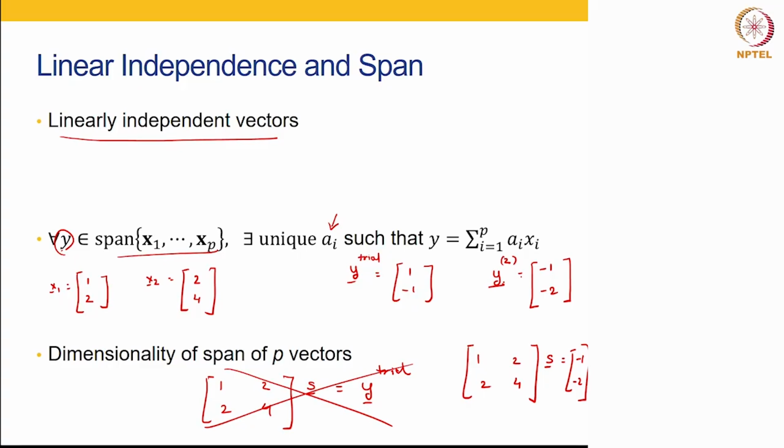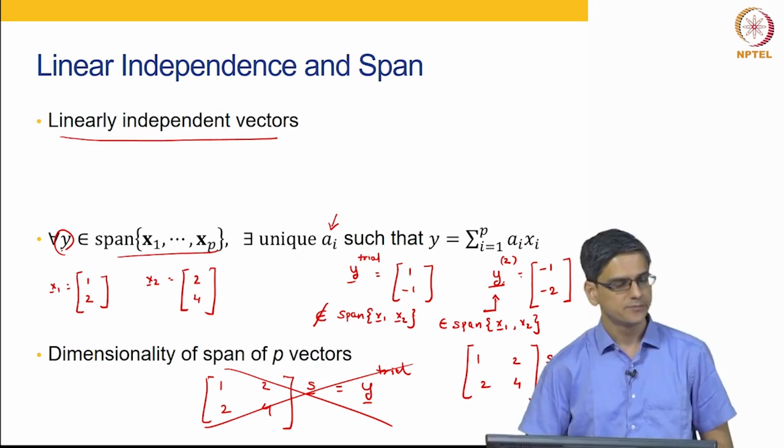That is what you have studied. We are just putting a different spin on it. What we are now saying is that this guy is an element of span of x1 bar and x2 bar. This is not an element of span of x1 bar and x2 bar. Okay.